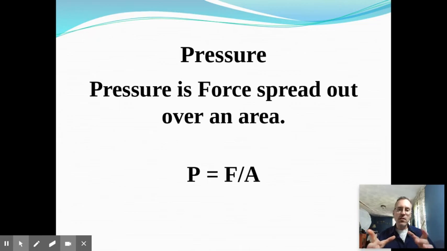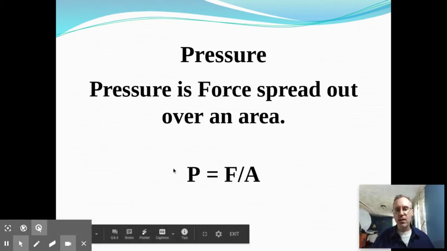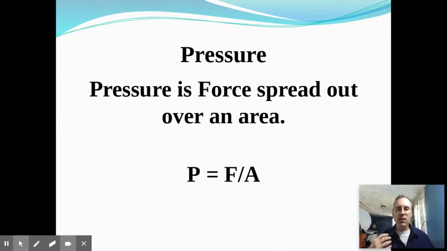Why? Because now you're taking that same weight force and you're focusing it down instead of spreading it out over the area of the metal weight. You would focus it down on a thin point. Okay, and let me just have a pencil right here. You would focus it down on a small point, which would increase the pressure that weight is exerting on the floor.